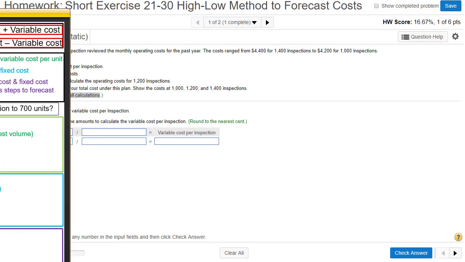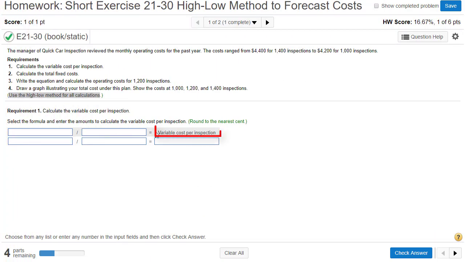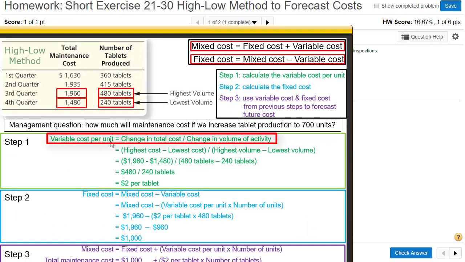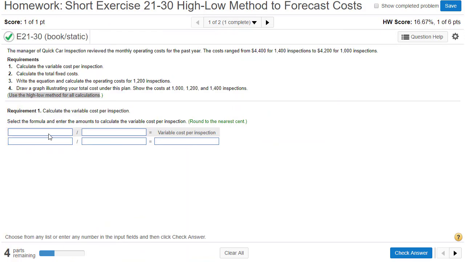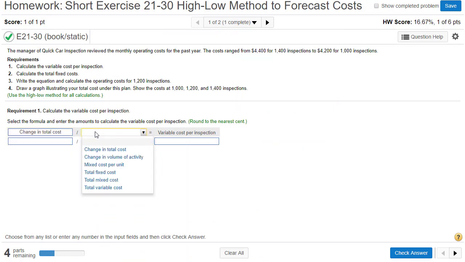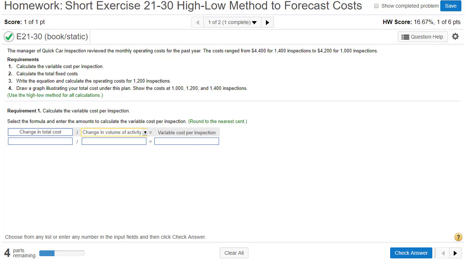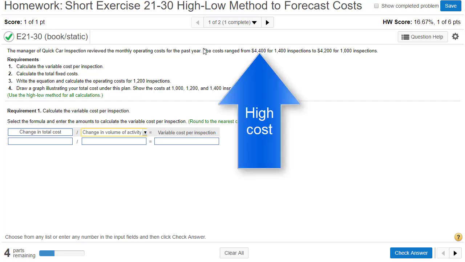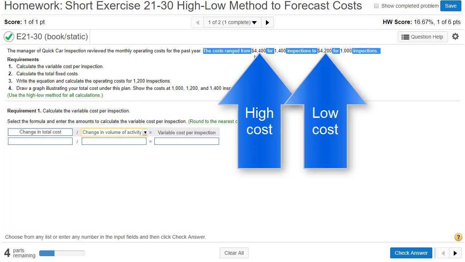So we're calculating the variable cost per inspection, which is this right here. We need change in total cost divided by change in volume of activity. And then our cost and our units, or volume of activity, is up here.